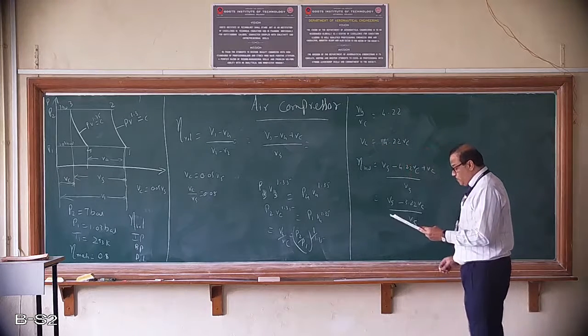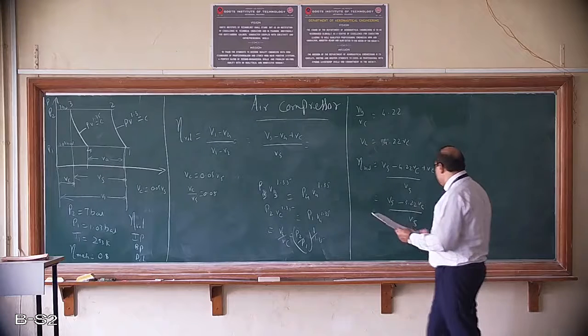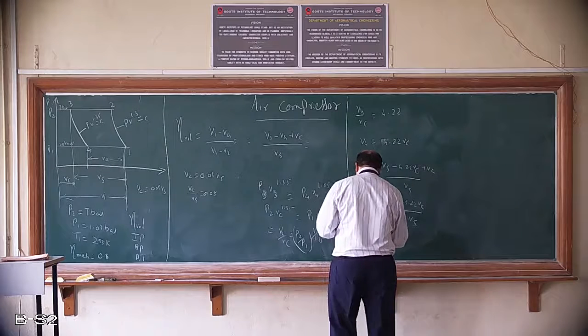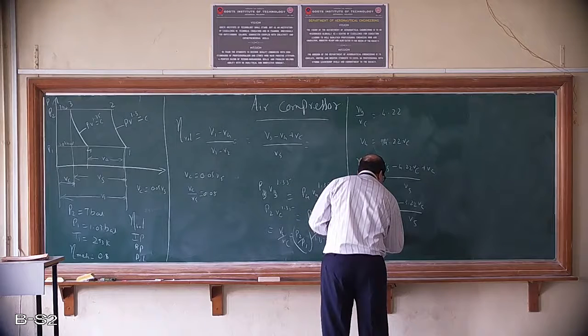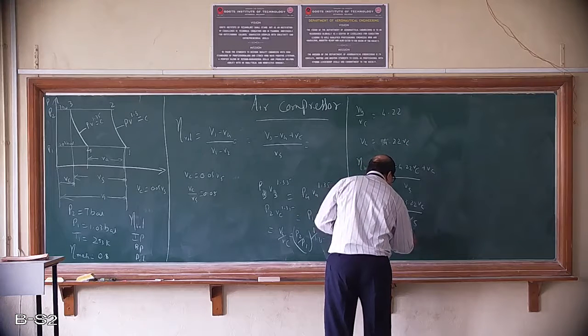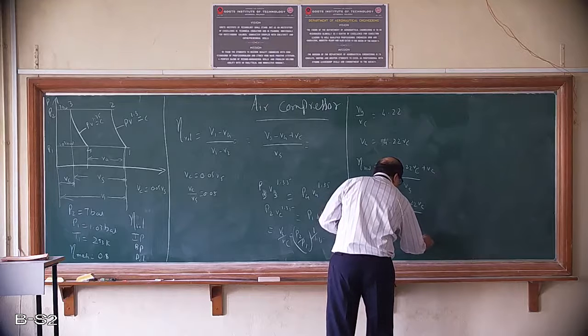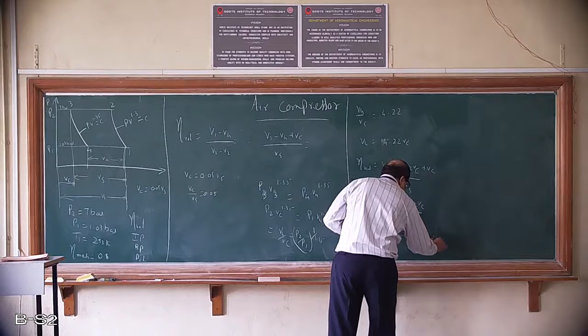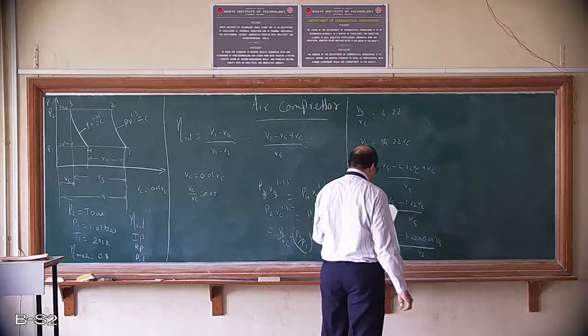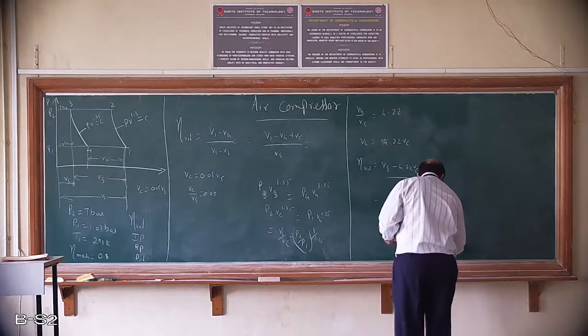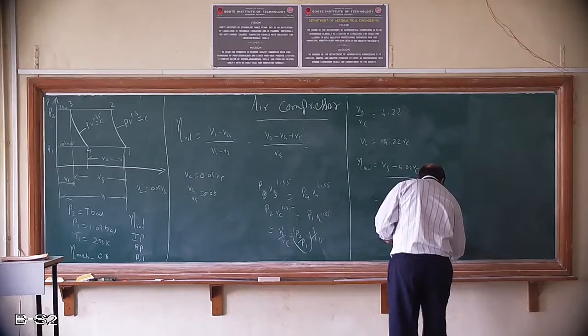Vc is 0.05 of Vs. So substitute that here. So that is Vs minus 3.22 into 0.05 Vs divided by Vs. So this in turn we will get as 83.9%.